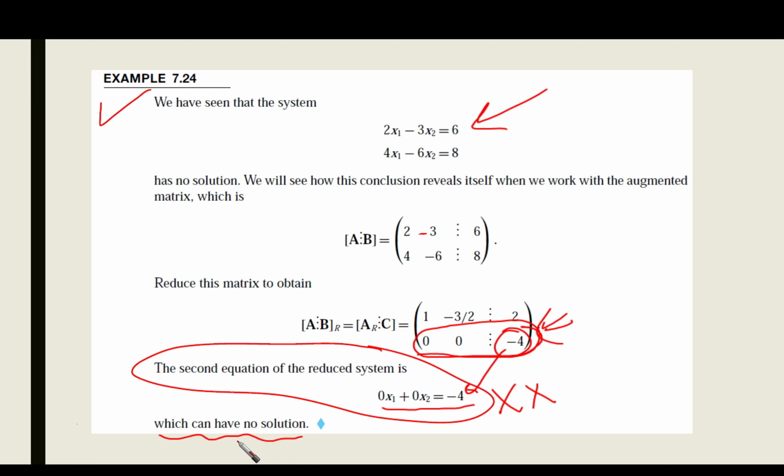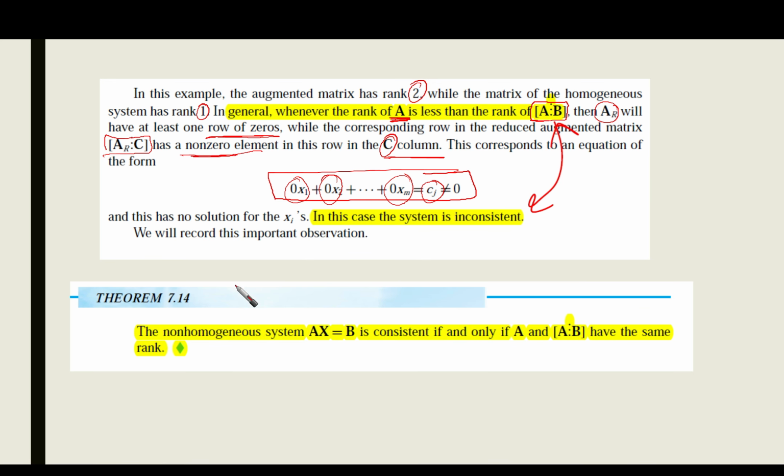Now we want to form this into a statement.